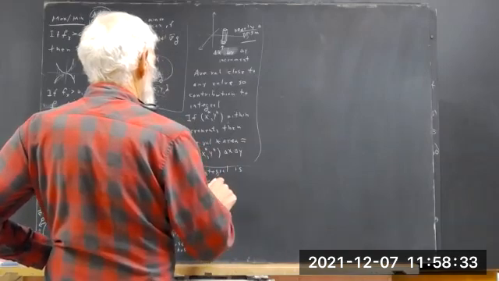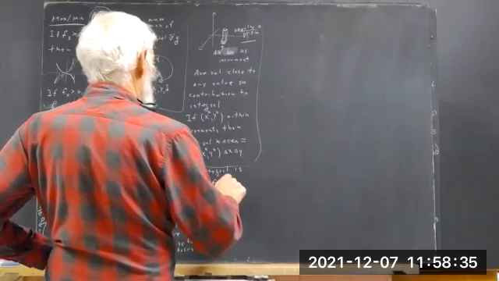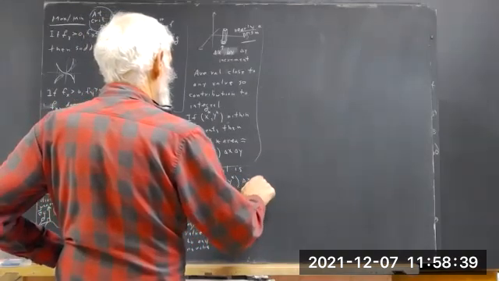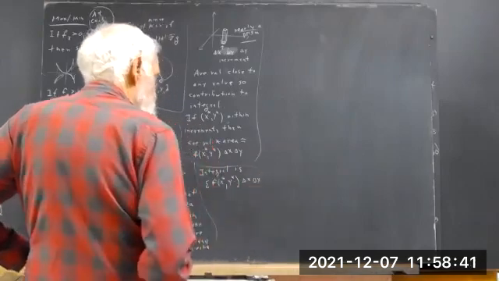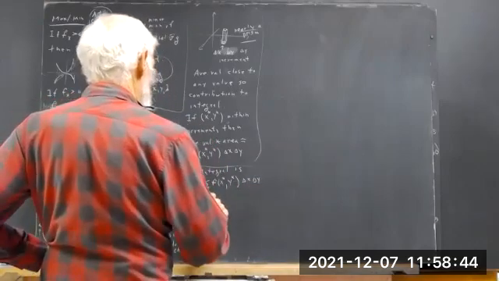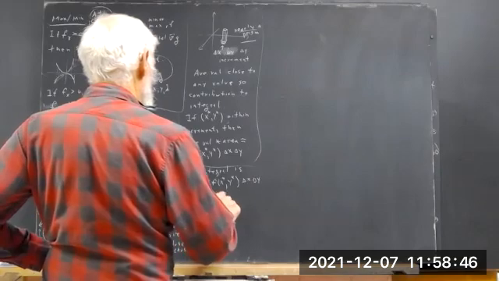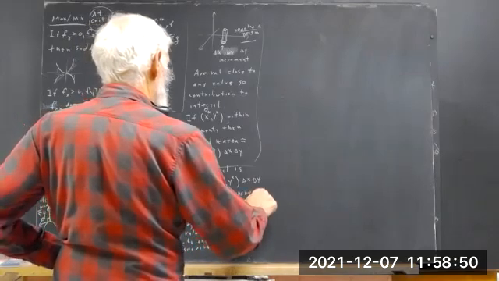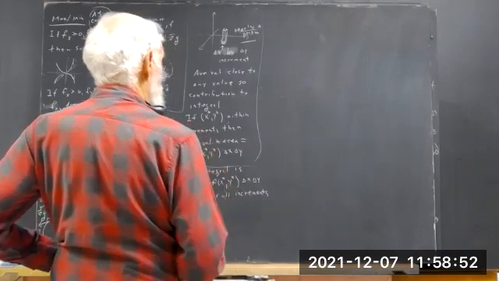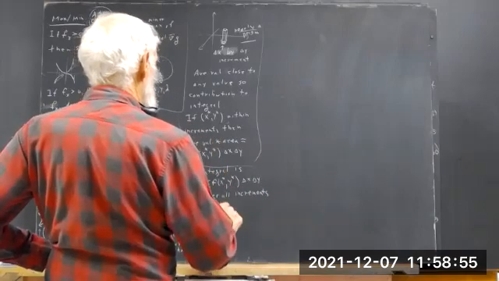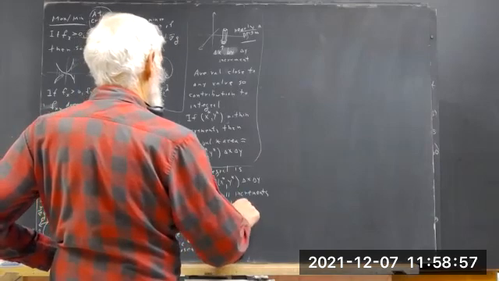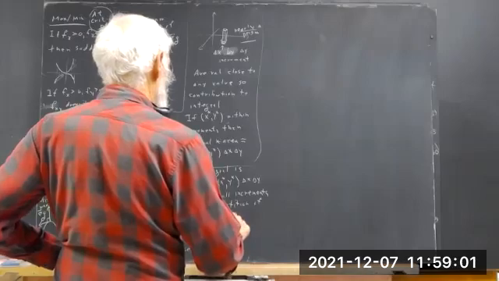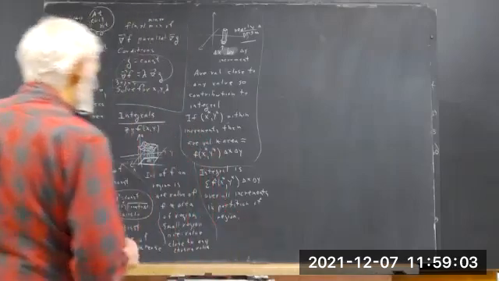The integral is the sum of f of x star, y star, delta x, delta y, over all increments in the partition of our region.